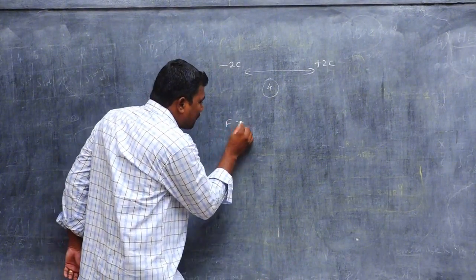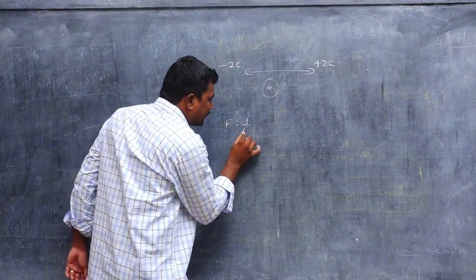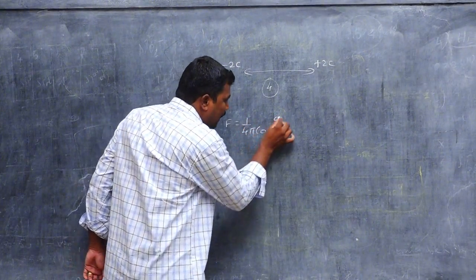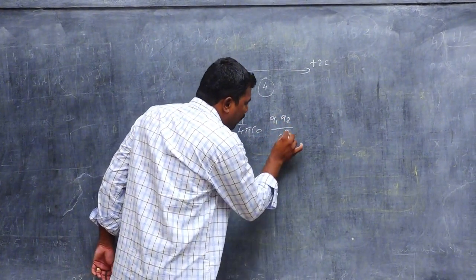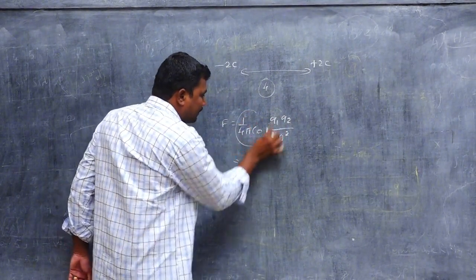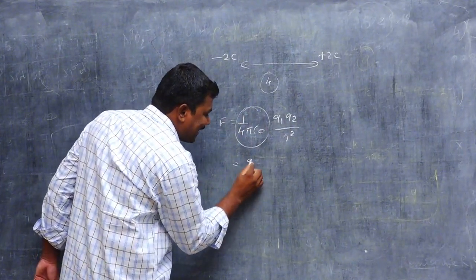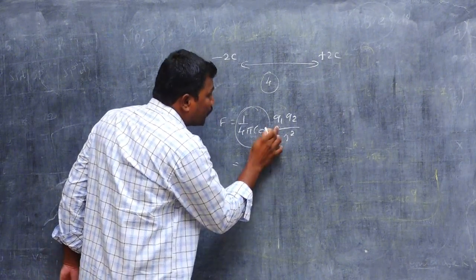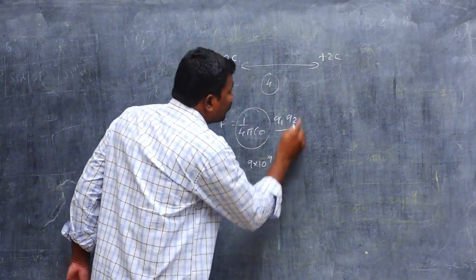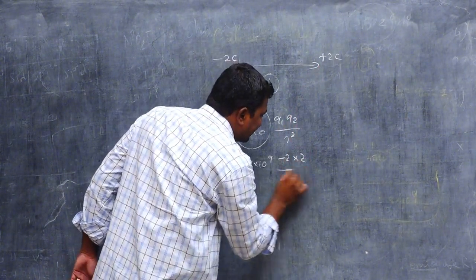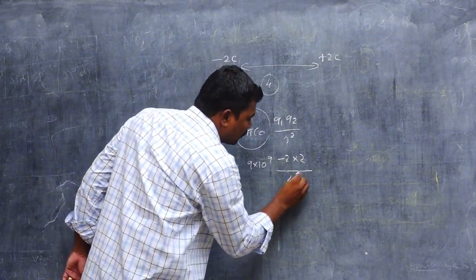What is the standard formula for Coulomb's law? F is equal to 1 by 4 pi epsilon naught Q1 Q2 by R square. 1 by 4 pi epsilon naught is 9 into 10 power 9. Q1 is minus 2, Q2 is plus 2, divided by R square, 4 square.